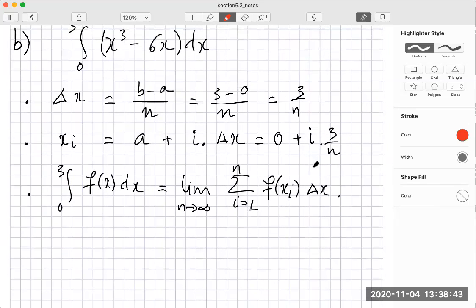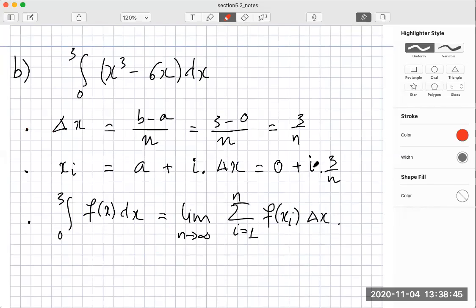So in this question B, we're trying to use the definition to compute this integration, okay? Where delta x is given, and we can compute it. It is 3 over n. Xi will be the lower bound plus i times delta x.